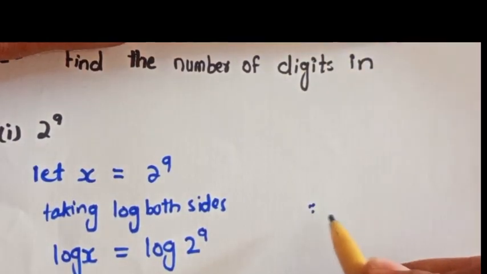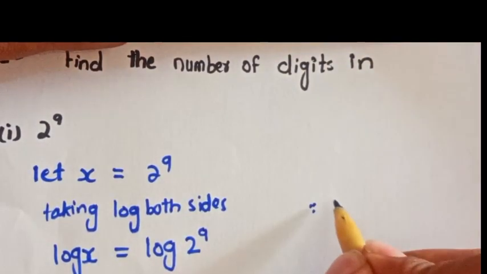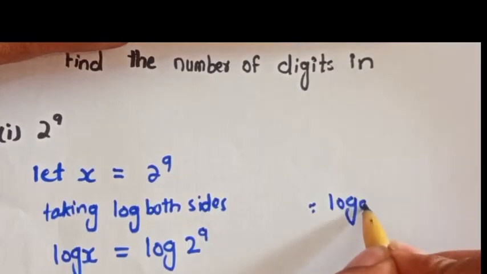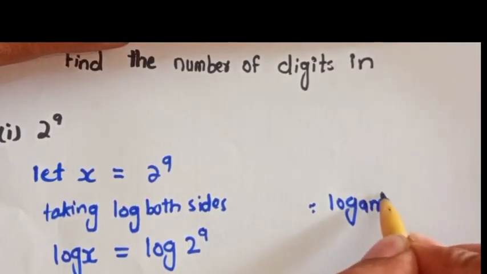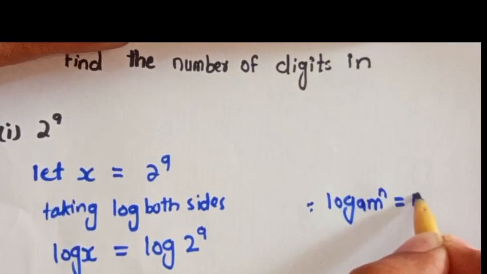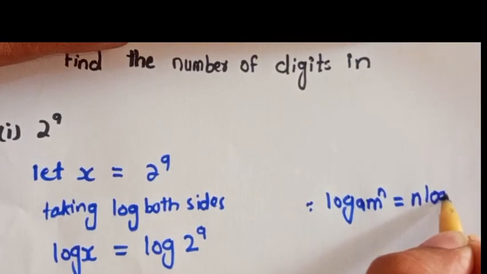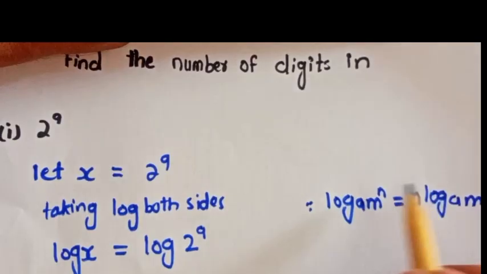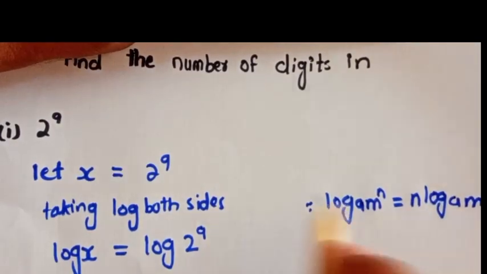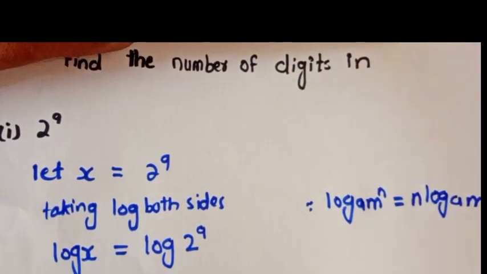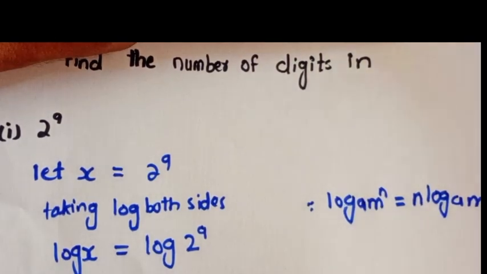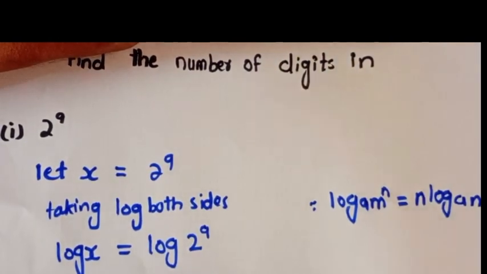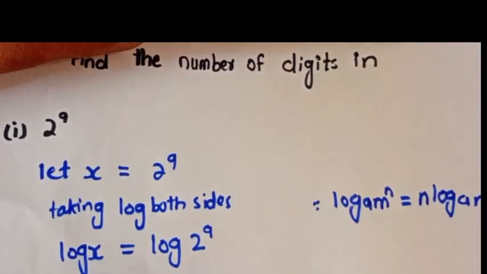The third law of logarithm, that is log base a m power n is equal to n log base a m. So I will bring the exponent before log. So my exponent is 9, log x is equal to 9 log 2.